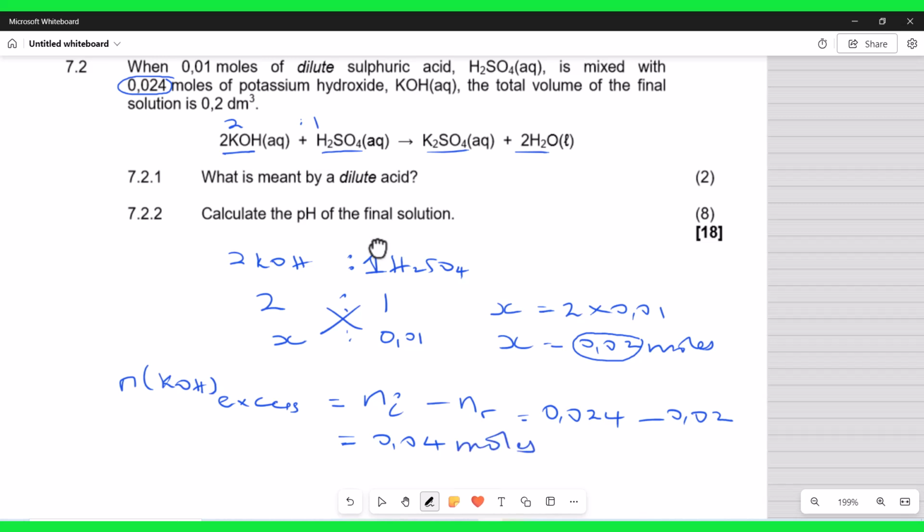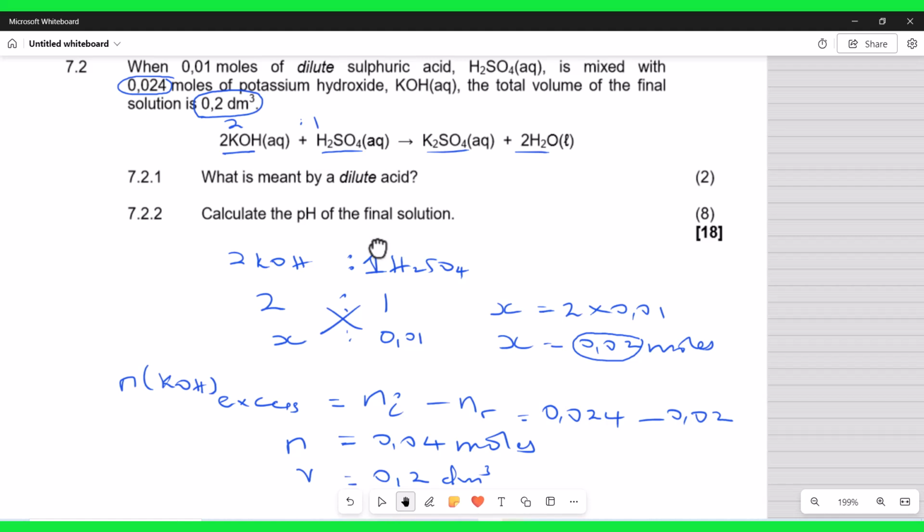Now once I have the moles of the excess potassium hydroxide, I can find the concentration. The volume was given to us as 0,2, so my volume is 0,2 decimeters cubed.